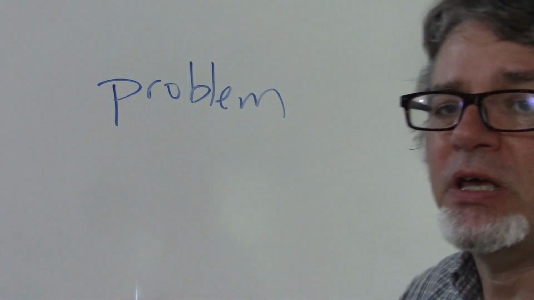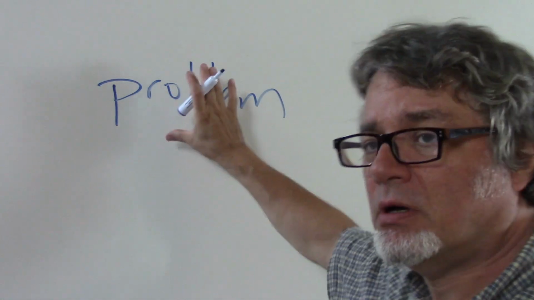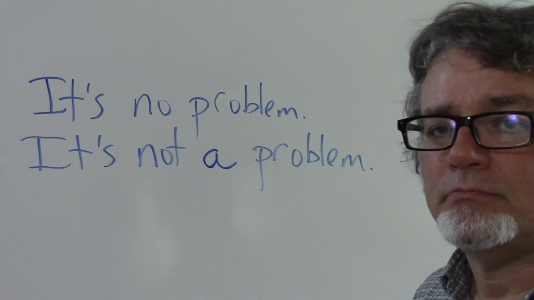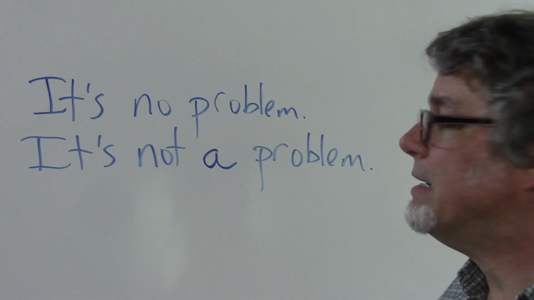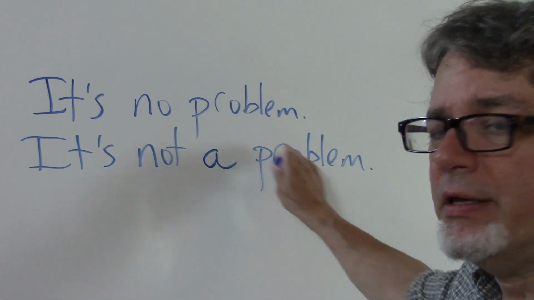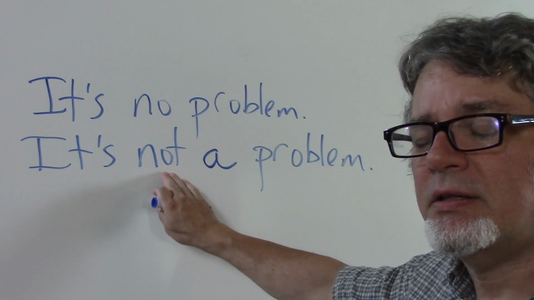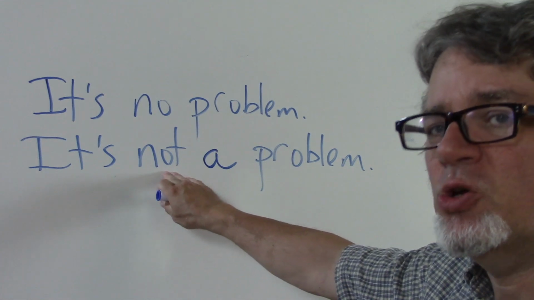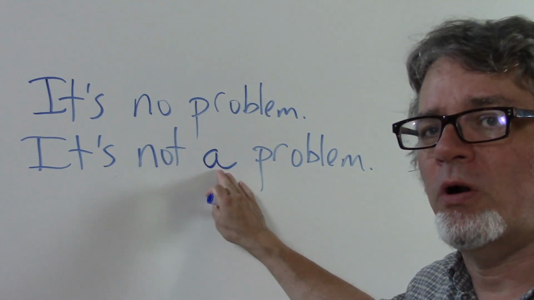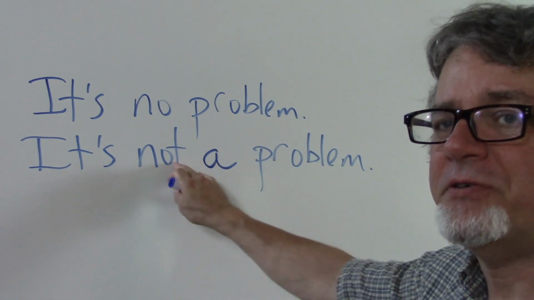Let's begin with the count noun problem. It's no problem, or it's not a problem. If you use the word not, usually, but not always, you'll have an article or an adjective after not.